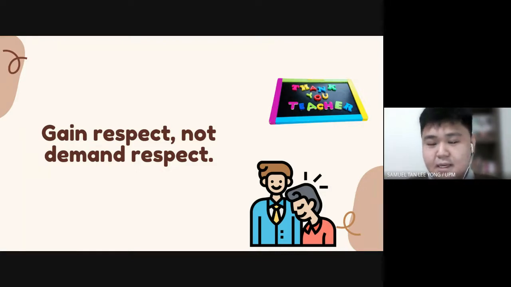But you have to gain their respect, gain their trust by building a relationship through communication. Let them trust you, let them believe in you, not just demand and shout at them, you need to respect me, because that will create a very negative impression in students' minds, and they will lose interest in your class.